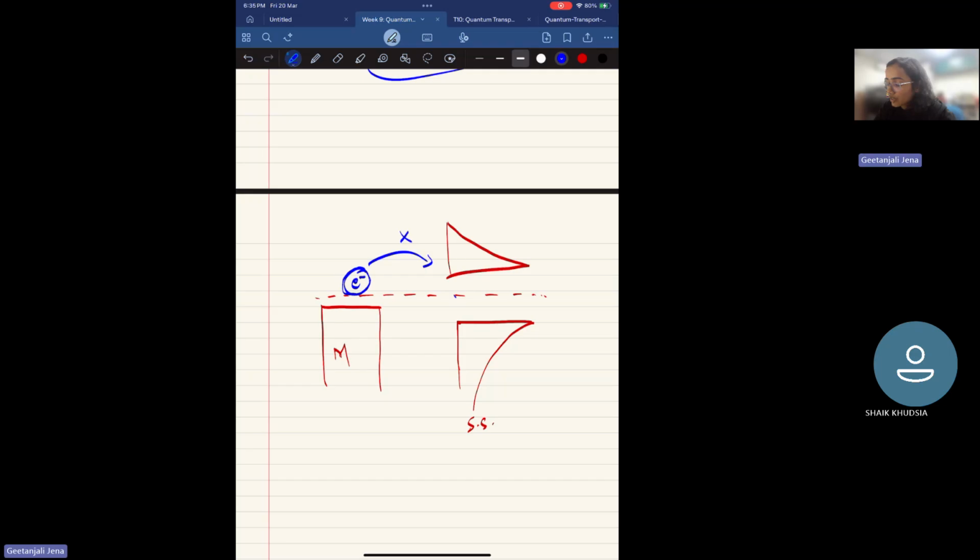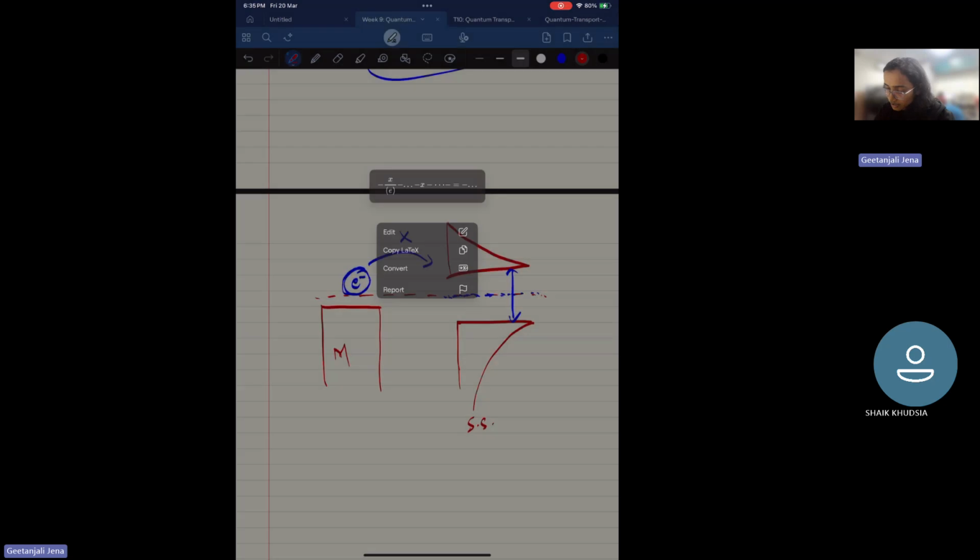But you can see that inside this superconducting gap, the Cooper pairs are allowed to move. If there is a Cooper pair, that is a two electron state, moving from the metal side to the superconducting side, then it's possible to see the transport. And this is what happens in the Andreev reflection.